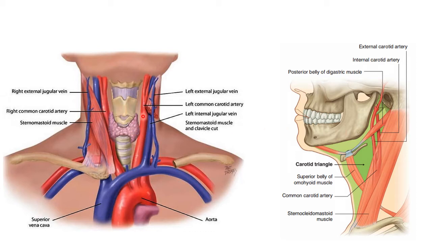At the superior edge of the thyroid cartilage, each common carotid artery divides into its terminal branches, the external carotid artery and the internal carotid artery.